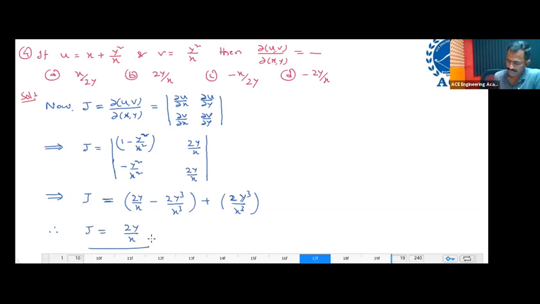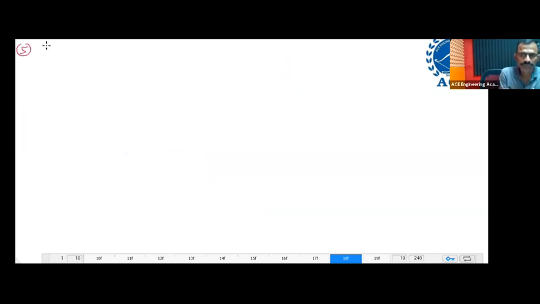Next, problem number 5. If u equal to 3x plus 2y minus z, v equal to x minus y plus z, w equal to x plus 2y minus z, then dou of x y z divided by dou of u v w.